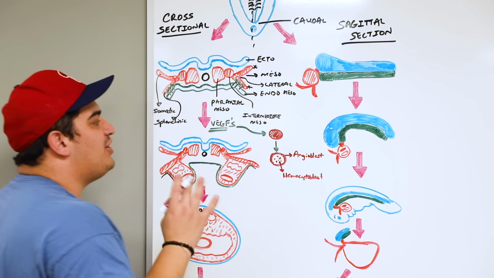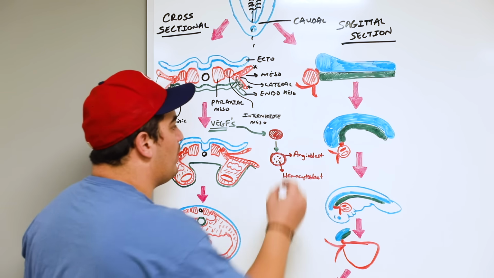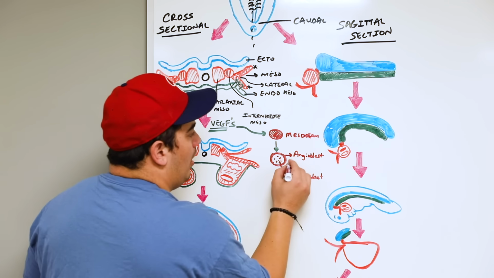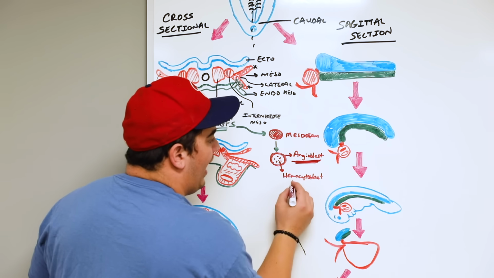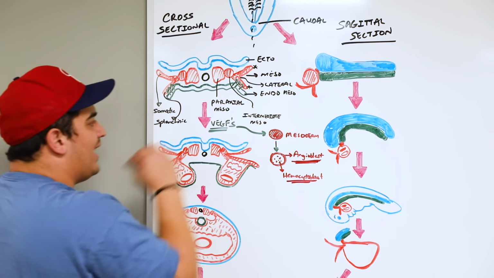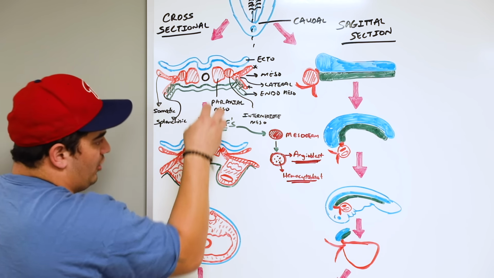So what VEGF is doing is it's causing the mesoderm to differentiate into what? Blood vessels, right? And actually the heart tube itself and blood cells.